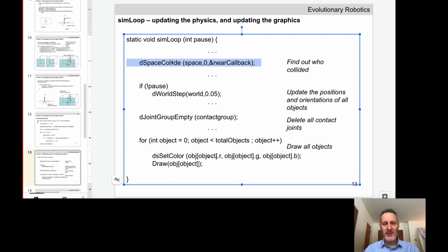The first thing the physics engine did is determine who had collided with whom. For every collision, it would sprinkle these points, create contact joints that constrain the motion, and then apply a small force pushing these objects apart.